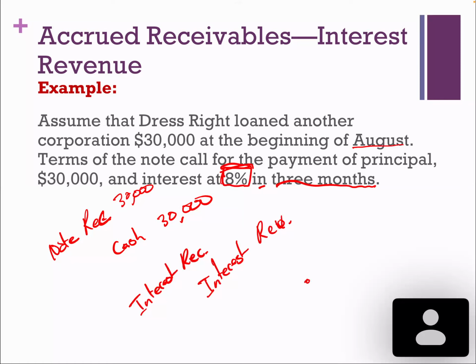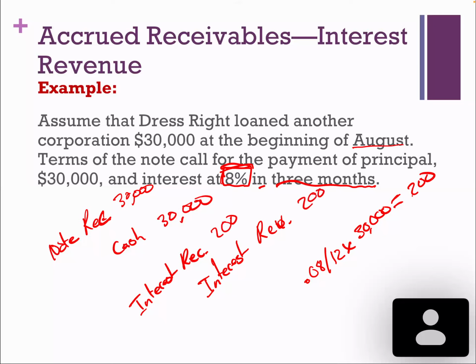So it'd be 0.08 divided by 12 to get the monthly amount, and then multiply that by 30,000 to get the amount of interest that they owe us. So 0.08 divided by 12, multiplied by 30,000, is $200. Debit interest receivable, credit interest revenue.